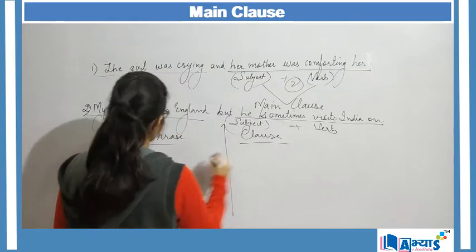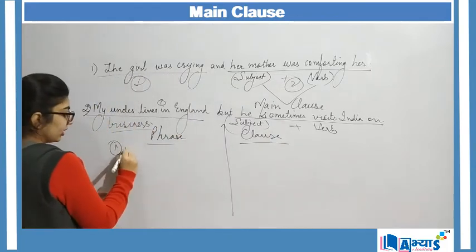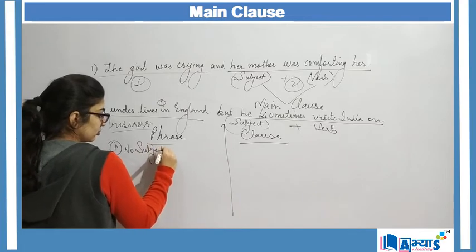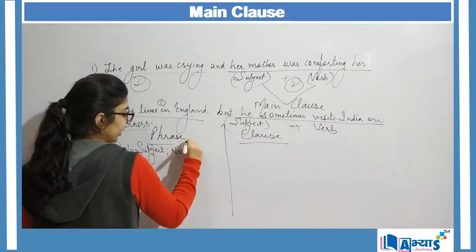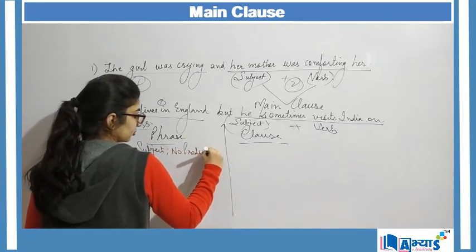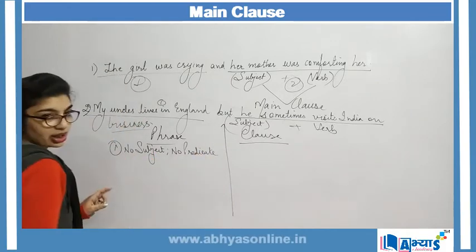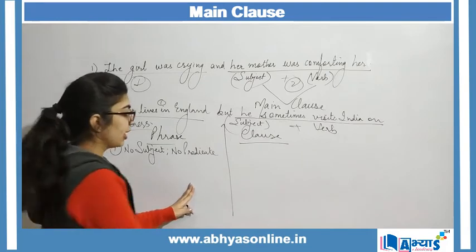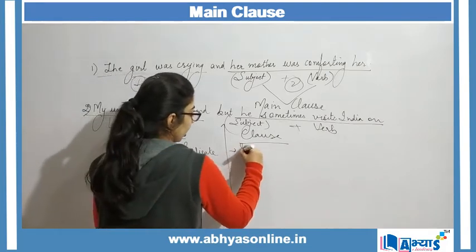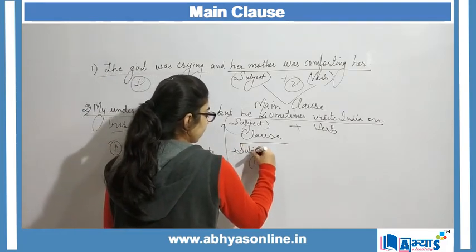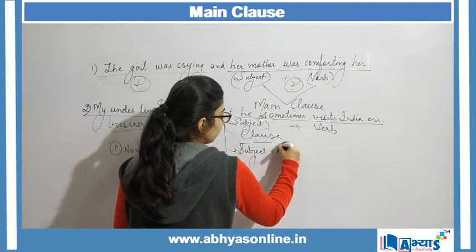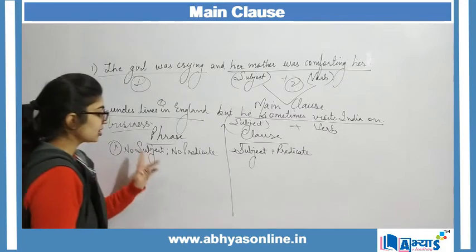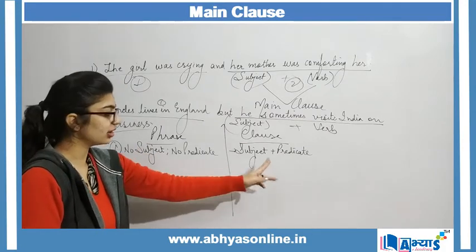First difference is that in a phrase there is no subject, there is no predicate, but a clause will contain a subject and a predicate. So this is the first difference between a phrase and a clause.